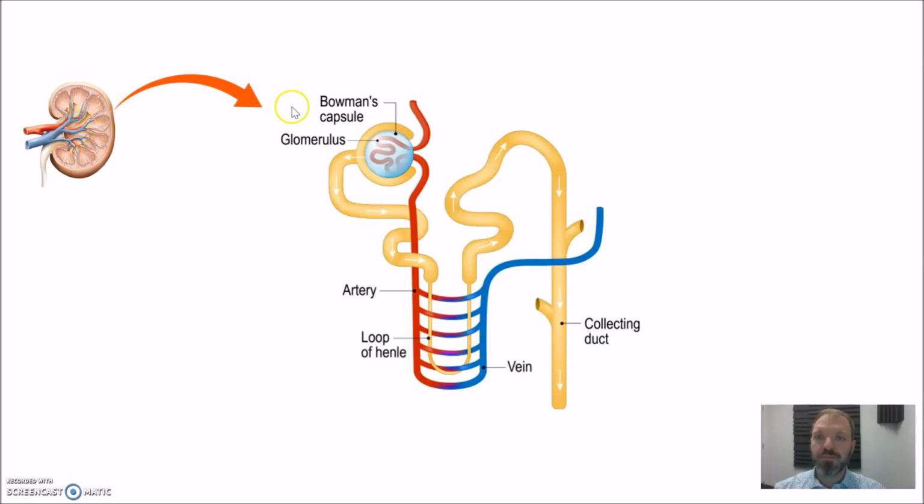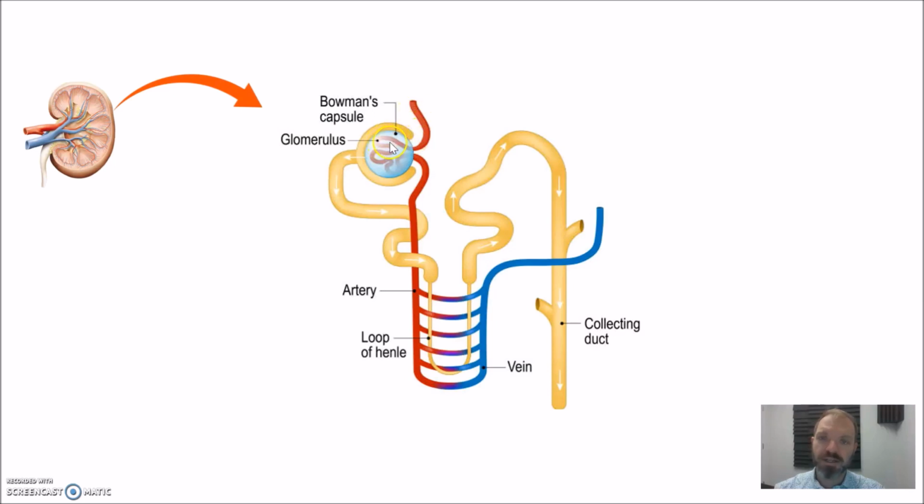So this is what the nephron looks like in a slightly stylized anatomical form. The blood supply coming in here enters what's called the Bowman's capsule, and there's a capillary bed of lots of capillaries there called the glomerulus.